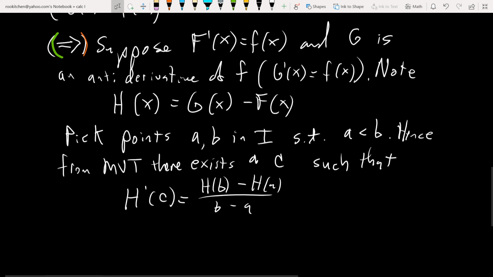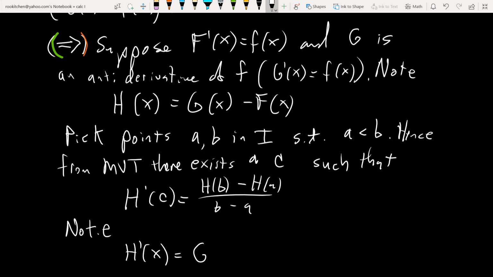Okay, what the heck is h prime of c? Note h prime of x is going to be equal to g prime of x minus F prime of x.